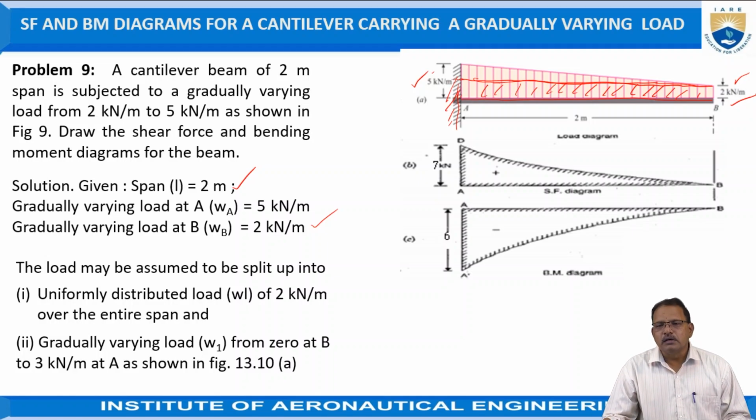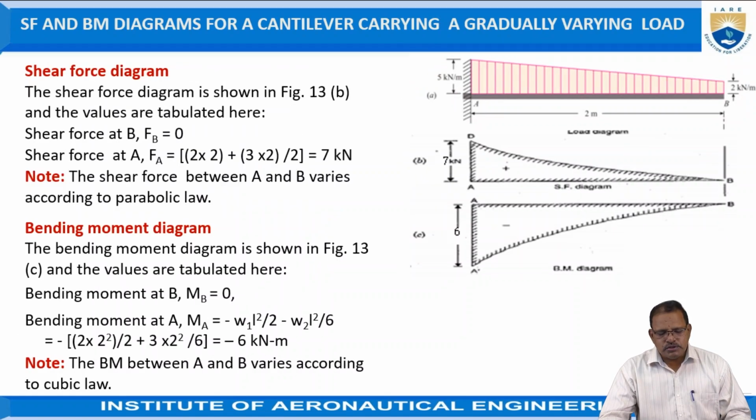That is, we can take at A equal to 3 kilonewton per meter, and at the other end equal to 0. Now the shear force diagram for this beam is represented. Here the shear force at point B is equal to 2 kilonewtons.